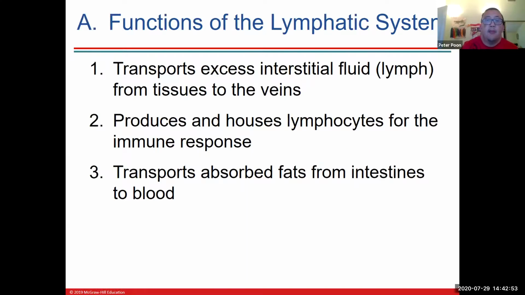Okay, the lymphatic system. So I mentioned earlier the capillaries leak. The fluid is leaked into the capillary bed, and there are lymphatic vessels near the capillary bed that drain that fluid. There's no pump in the lymphatic system.